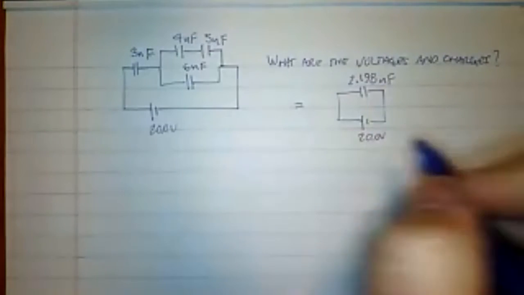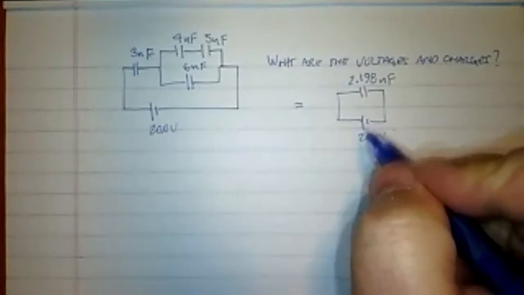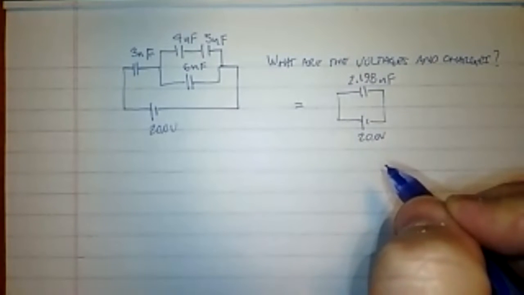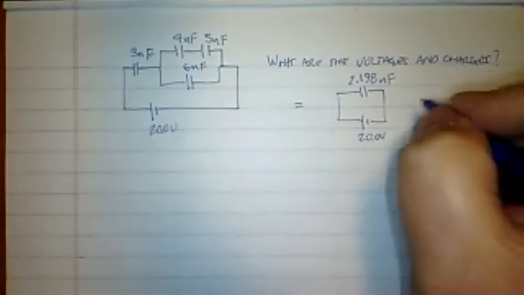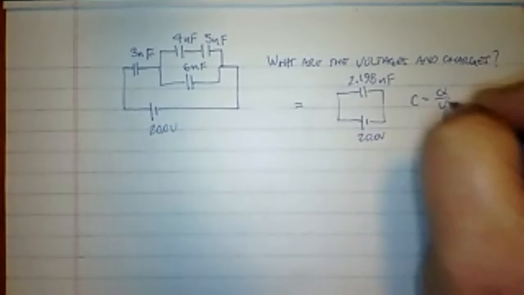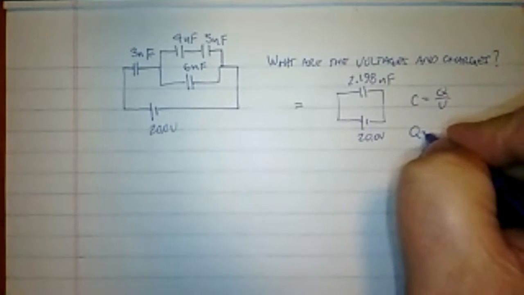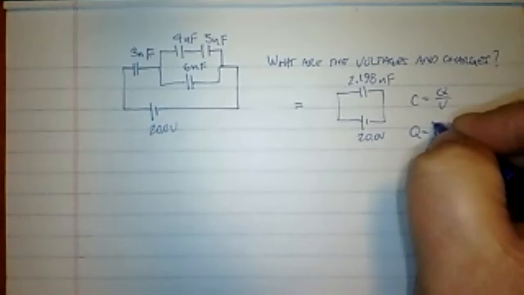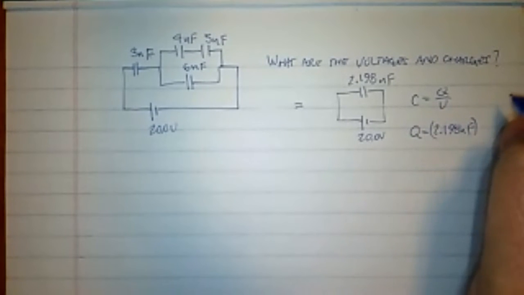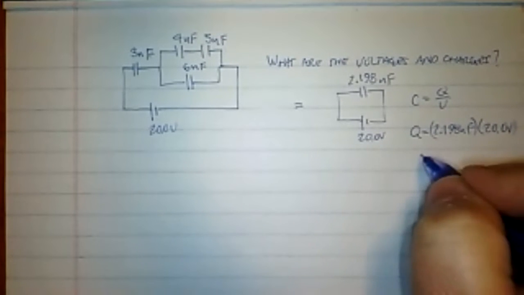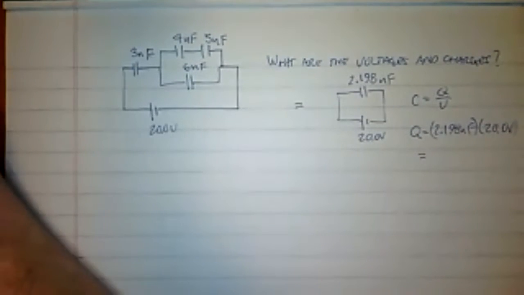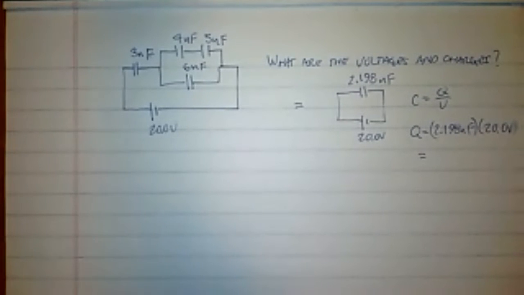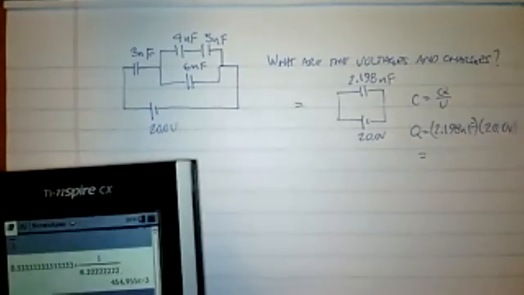Now I have that. That can help me figure out how much charge is going to leave my battery, because I know that C is equal to Q over V. So Q is going to be 2.198 nanofarads times 20.0 volts. And when I do that, I get times 20.